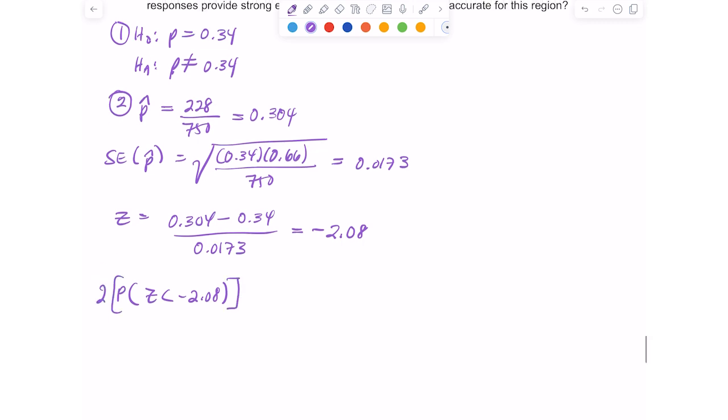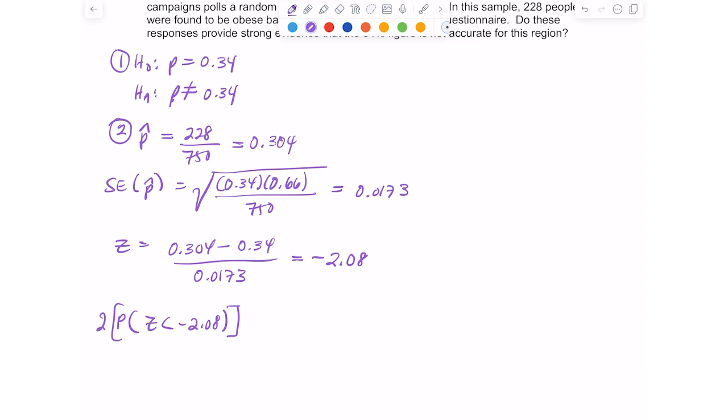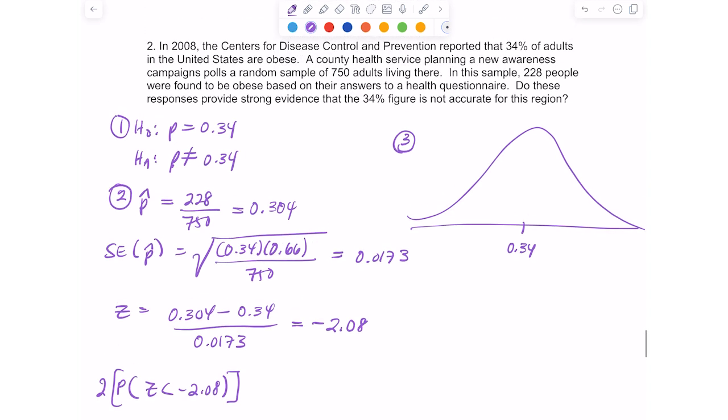So if you think about the normal model here, we know that 34% goes in the middle because that's my population proportion of adults that are obese. And we're going to go 3 standard deviations in either way. We know that here our test statistic is 2.08 standard deviations, but we don't know if it's going to be more than that or less than that.